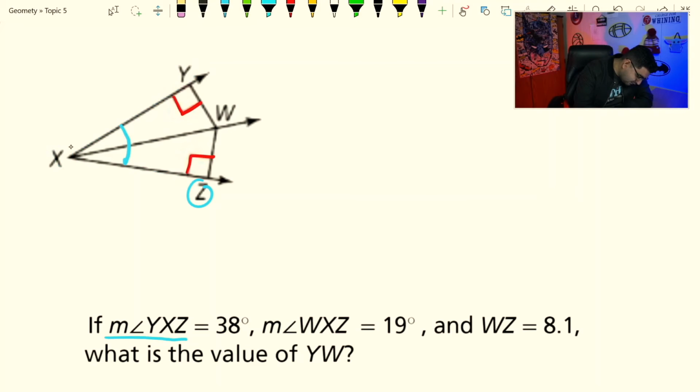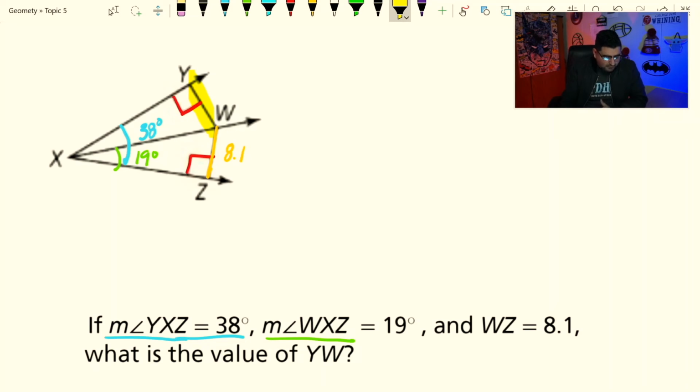They're saying that angle is 38 degrees, that WXZ, so from W to X to Z, that angle is 19 degrees, and WZ is 8.1, so from W to Z is 8.1. They want to know what Y to W is. So from Y to W, this part right here, they want to know the length of that.